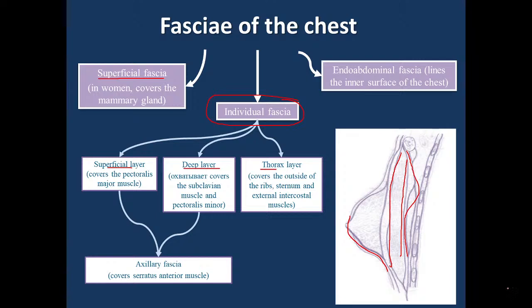But also from the internal cavity, from the chest cavity, we could find another fascia of this region, and we call it endothoracic. It is not abdominal, that is not right. It is endothoracic fascia. It is located on the internal surface of the chest.